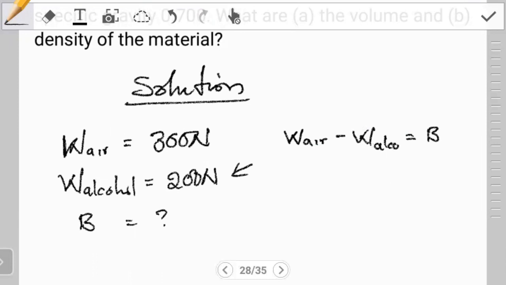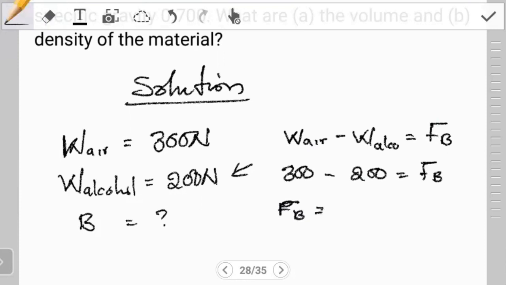Yes, this is. Let me just use the same notation. I had FB for buoyant force previously. So since the weight in alcohol is given as 200 newtons and the weight in air is given as 300 newtons, when we get the difference here, we see that the buoyant force, FB, becomes 100 newtons.